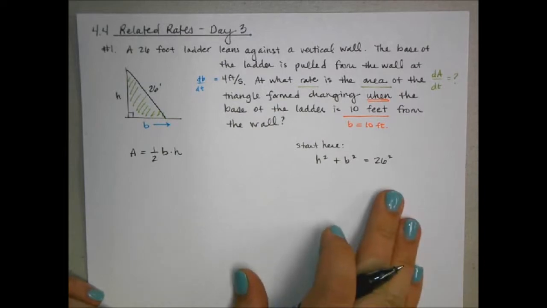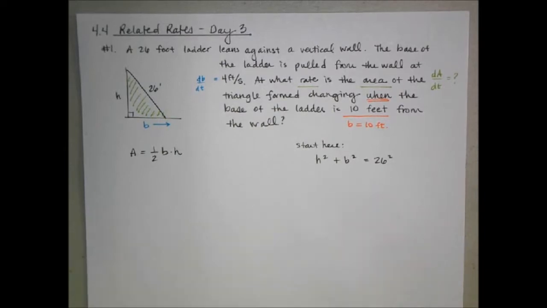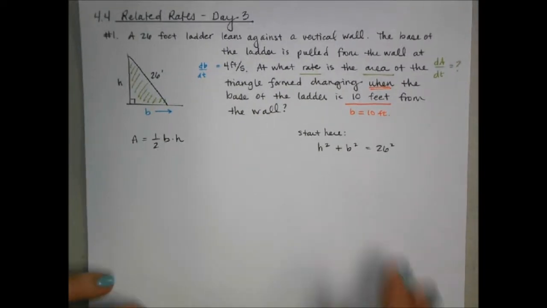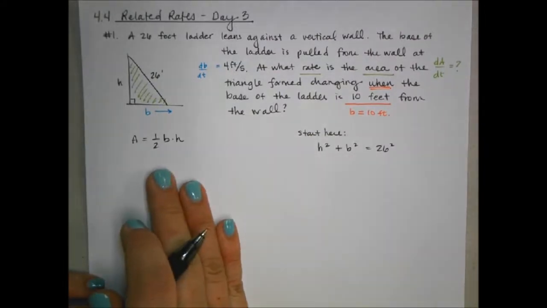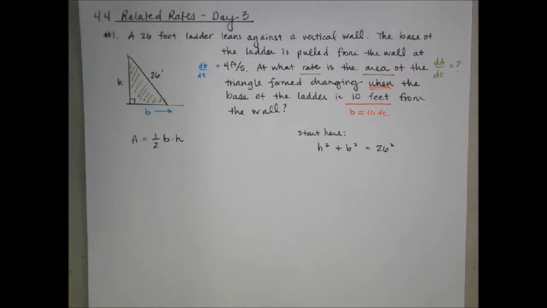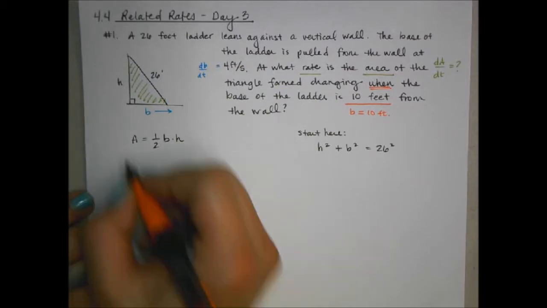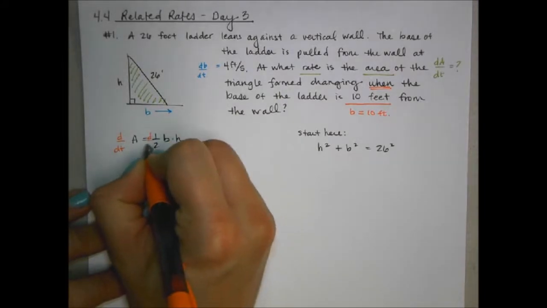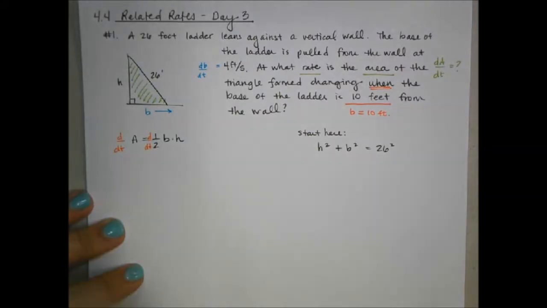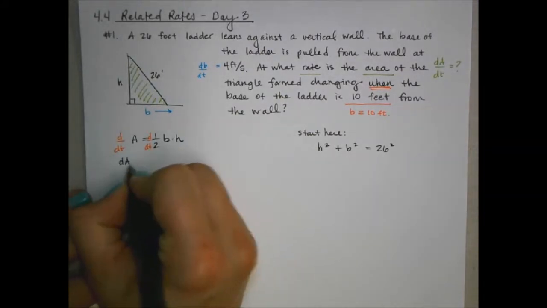And we're going to do our derivative here. So again, if this isn't obvious, let's just say we didn't notice we had to do this, and we just started by taking the derivative here, and I'll show you where we get stuck. So the derivative of each side with respect to time. So we have dA/dt, which is what we're looking for.